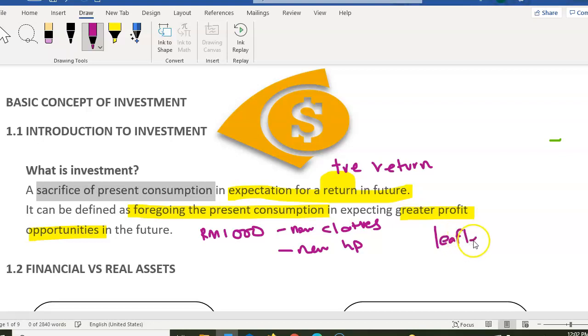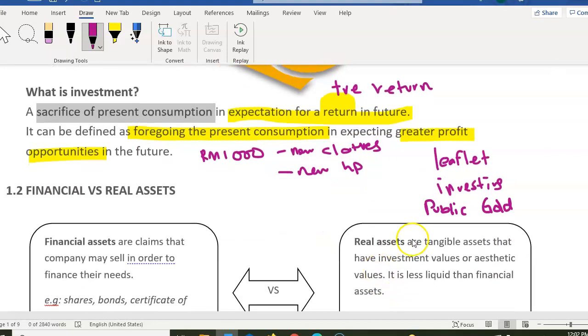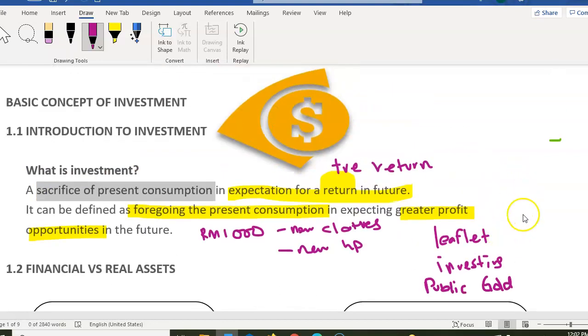It talks about, let's say, investing in public gold. Buying gold. It mentions there, let's say for example, 1 gram, around RM250.